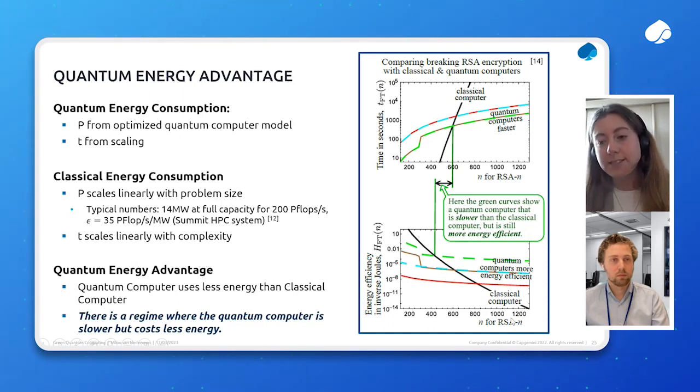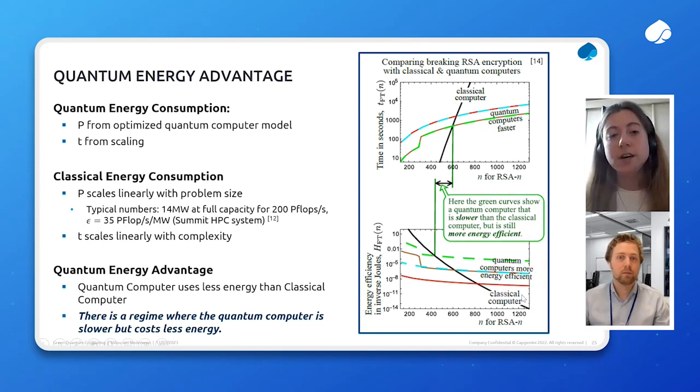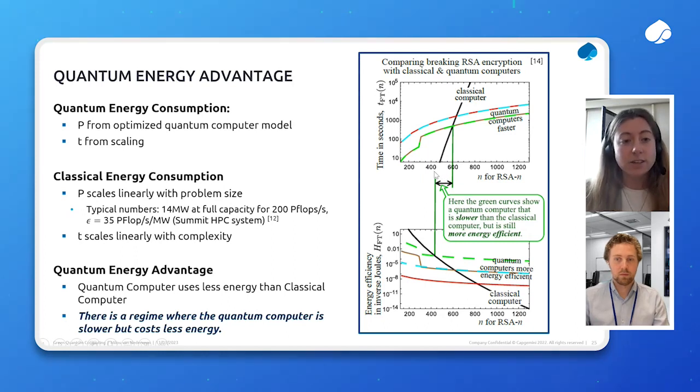What we can see here is that for higher complexity, at some point the quantum computers become more efficient, but also by optimizing this power consumption, there's actually a region where the quantum computer might be slower than the classical computer, but still more energy efficient. For me, this was a very surprising and very interesting outcome. It really shows the possibility of using the quantum computer for a quantum energy advantage as well.